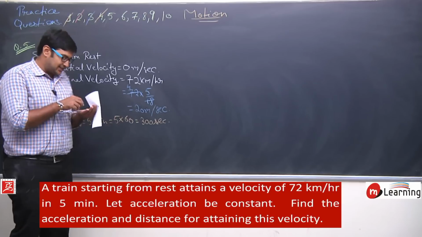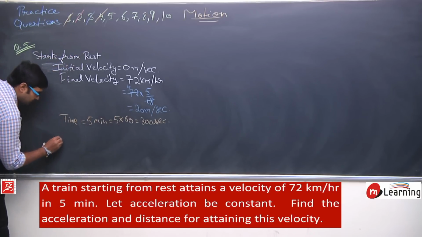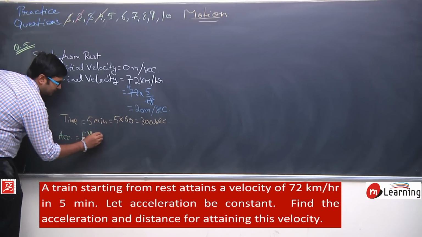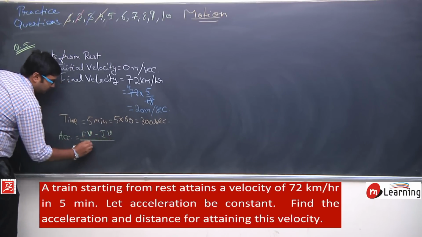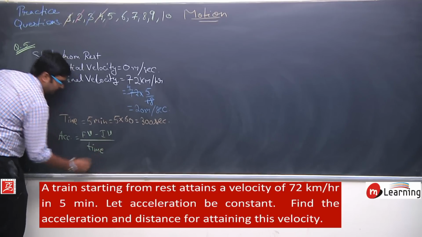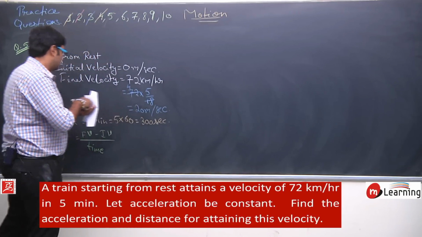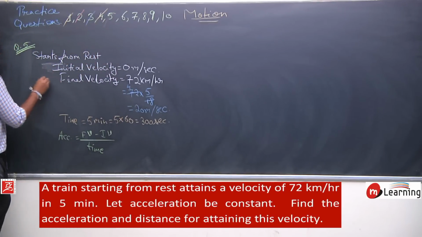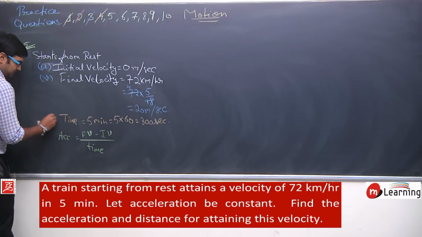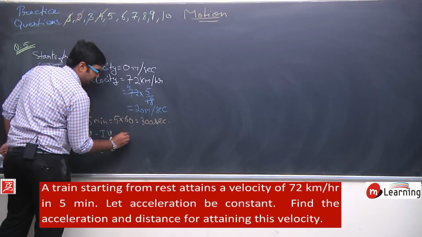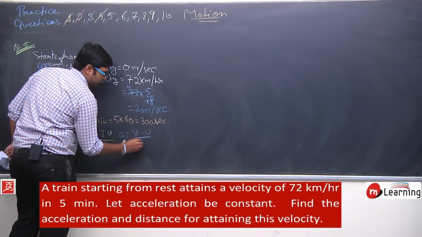So to calculate the acceleration, it would be final velocity minus initial velocity upon time. If I write it in terms of equations of motion, the final velocity is v, the initial velocity is u, the time is t, and the acceleration is a. So our formula becomes a equals v minus u upon t.